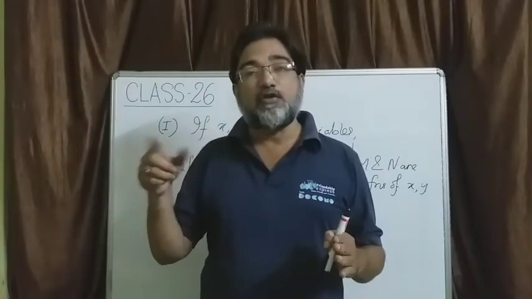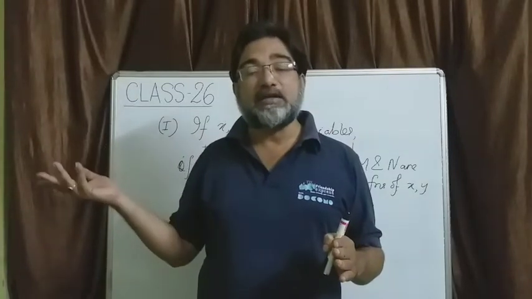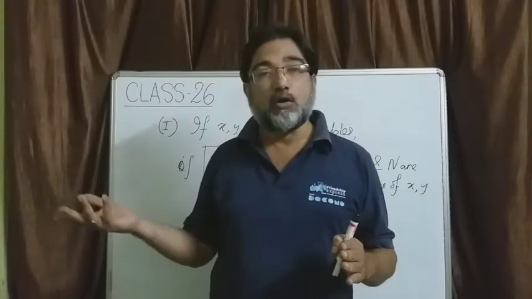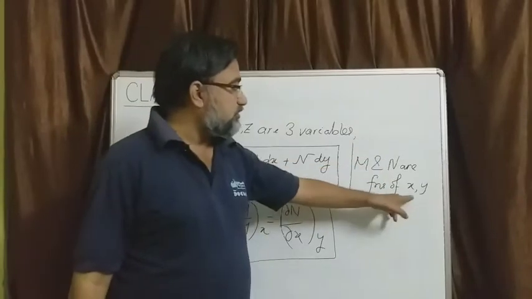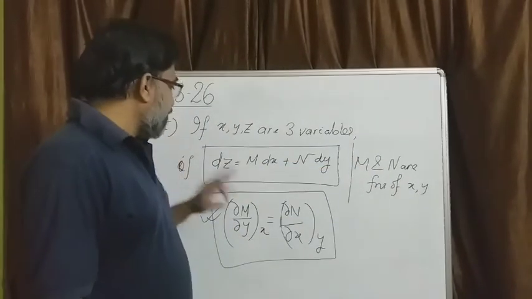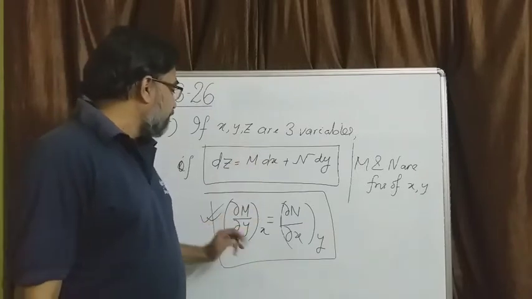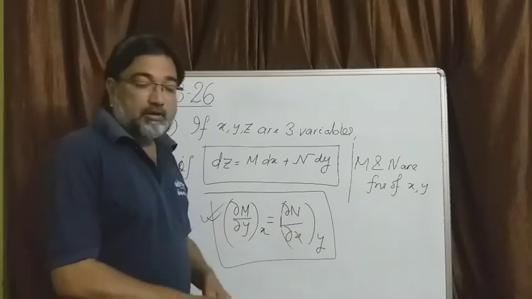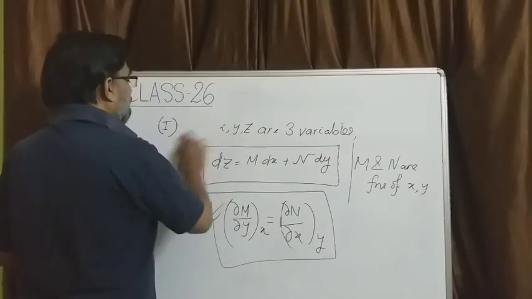So P can be a function of V and T, P can be a function of H and S, P can be a function of T and H, and so on. Similarly, if M and N are functions of X and Y, and if dz is equal to m dx plus n dy, then del m del y x and del n del x y are equal. This is theorem 1.